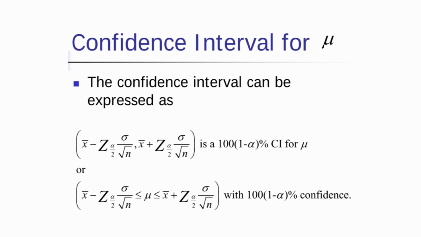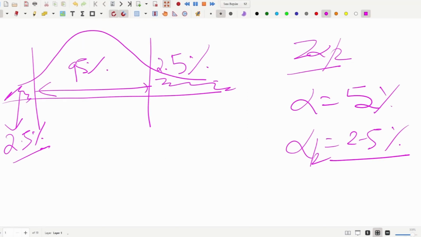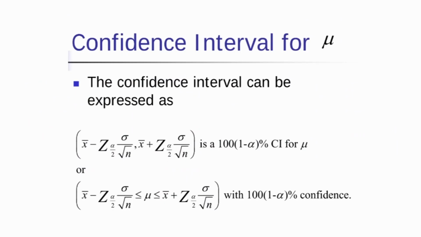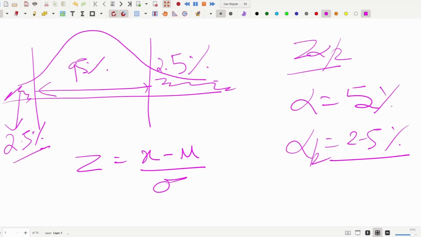Now, if you remember the formula, Z is equal to x minus mu by sigma. Please understand, the notations S and sigma are used interchangeably. This sigma is the population standard deviation, not the sample one. So this sigma can be written as S by root n.